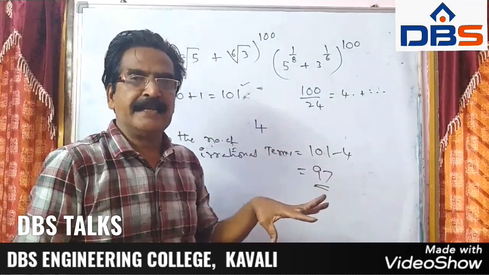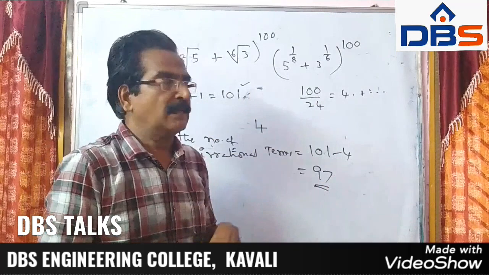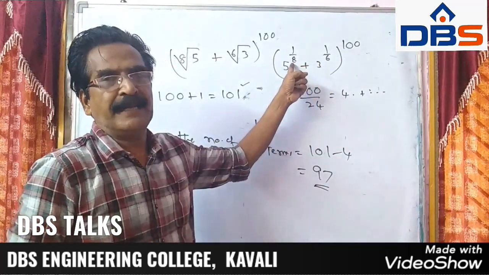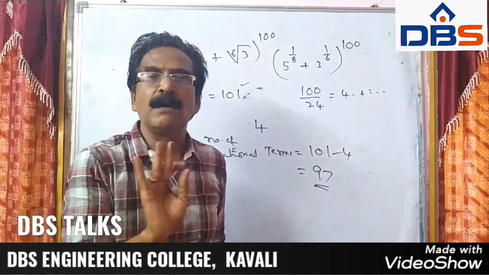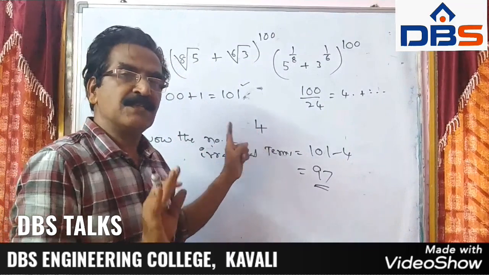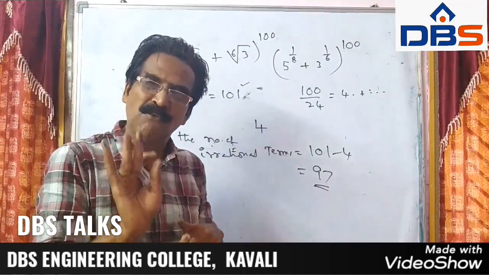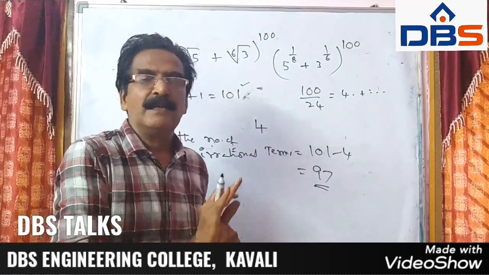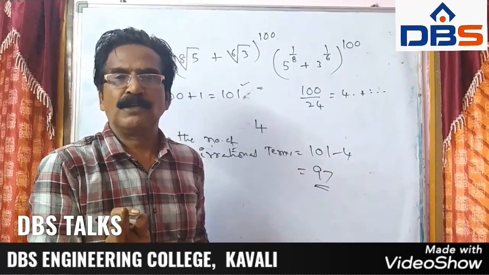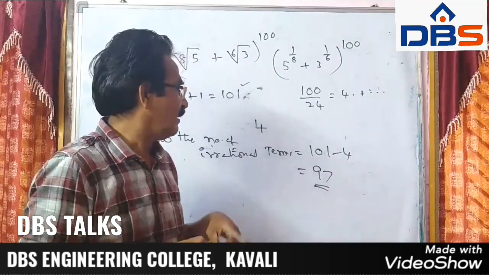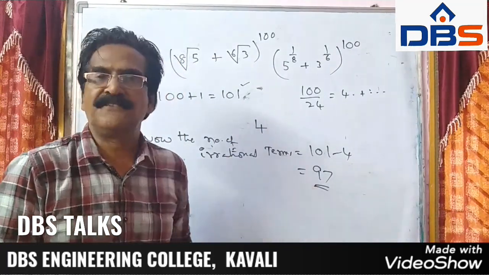The second thing, whether 1 is to be added or not: 100 minus 0. 100 is not divisible by 8, so 1 is not to be added. So your answer is 4. So the number of integral terms is 4, the total number of terms is 101. 101 minus 4. Total terms minus integral terms will give us the irrational or non-integral terms. This is your answer, friends. Okay, friends.